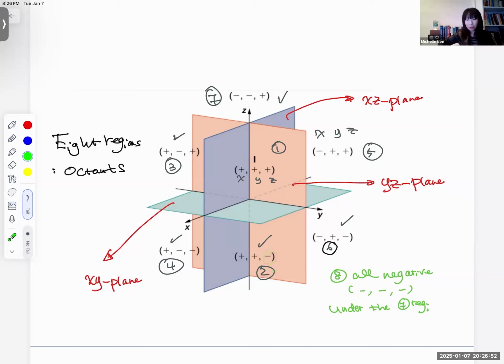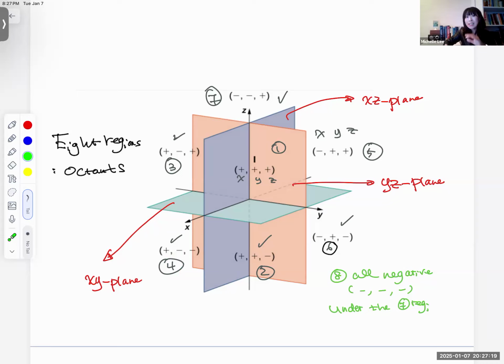Okay, let's move on. Third one. Third one, look. This is the y-axis. Which one is negative? Y is negative there, right? Look, y is negative. And then number 4, below the number 3 octant, right?